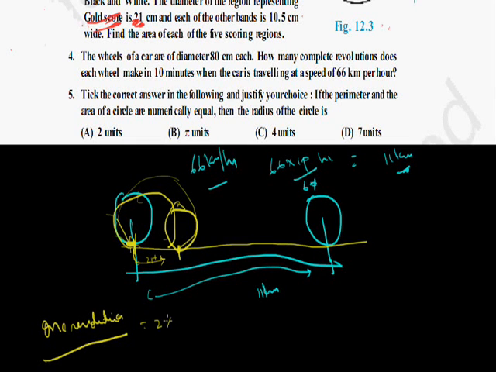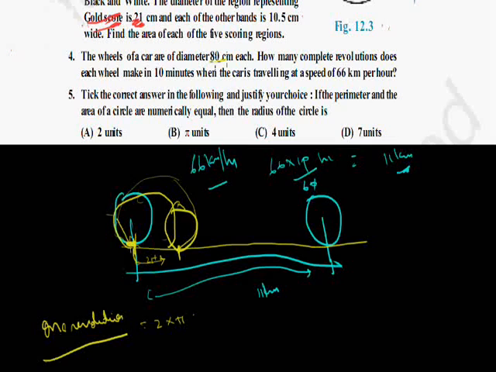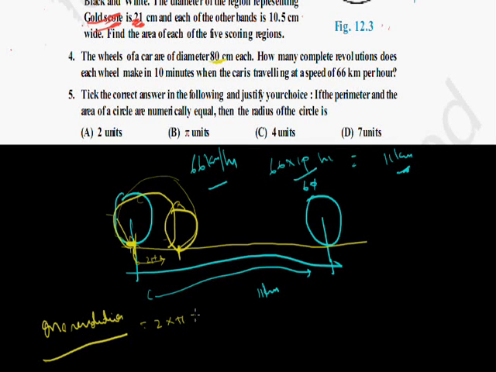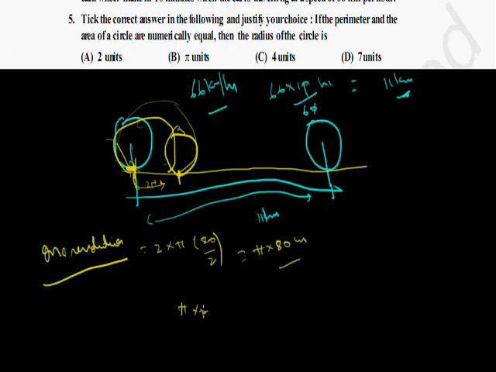Now this is 2 into pi into r, where r is 40 centimeter, because the diameter here is 80 and therefore the radius is 40. So pi into 80 centimeter is the distance covered in one revolution, right? Pi into 80 is one revolution.